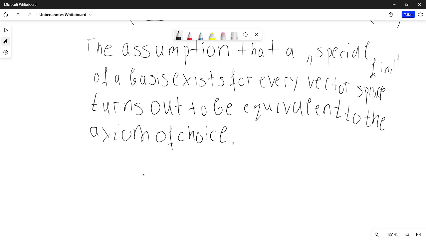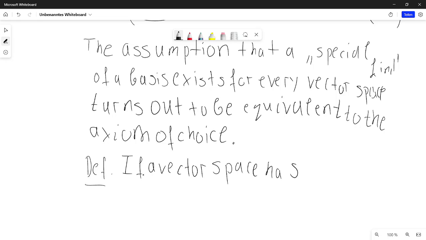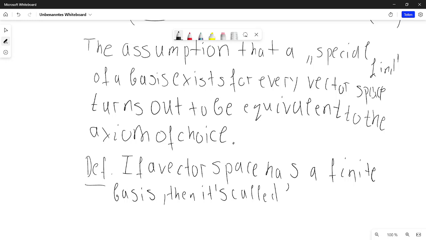We just say, definition: if a vector space has a finite basis, a finite number of vectors as defined above, that is to know if it is the case we have to establish or not, then it's called finite-dimensional.